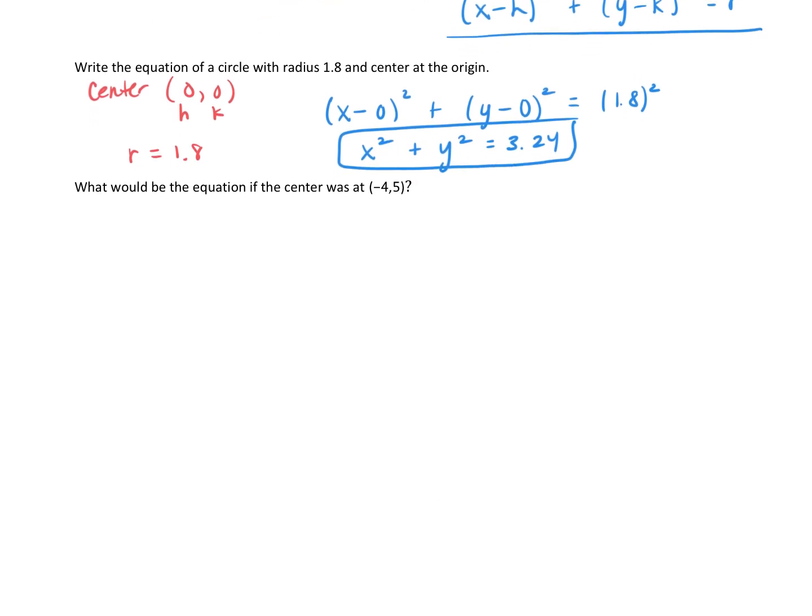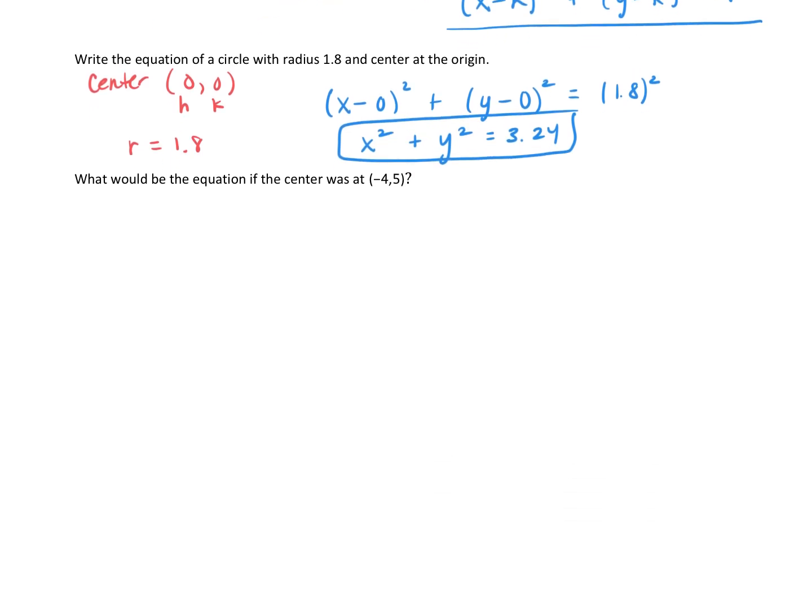What would the equation be if the center was at (-4, 5)? All right, so new information. Our center is now at (-4, 5). There's our h, there's our k.